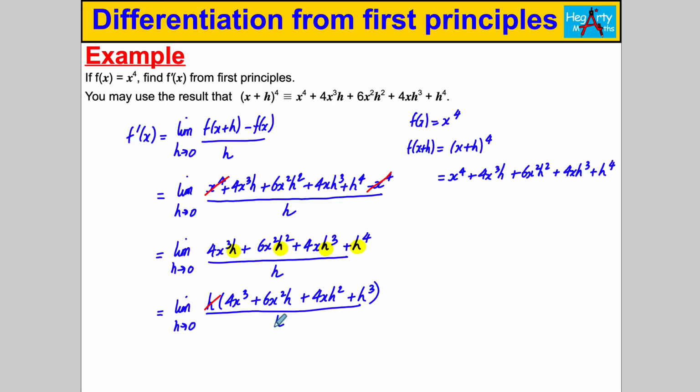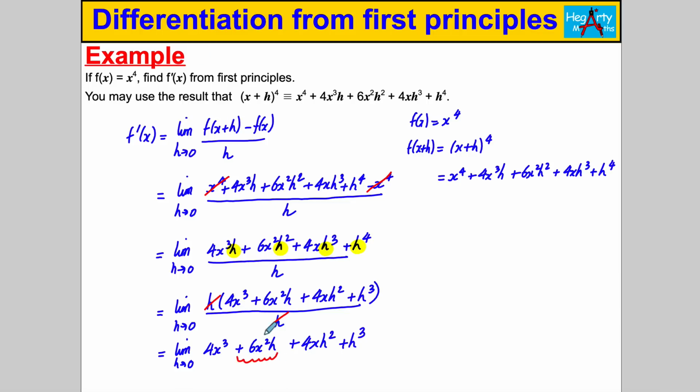And we've got a common factor of h on numerator and denominator, and they cancel, or h divided by h simply gives us 1. And therefore we've got the limit as h tends to 0 of 4x cubed plus 6x squared h plus 4xh squared plus h cubed. Now, we've done all our algebra work. What on earth happens when h is actually 0 or tends to 0?